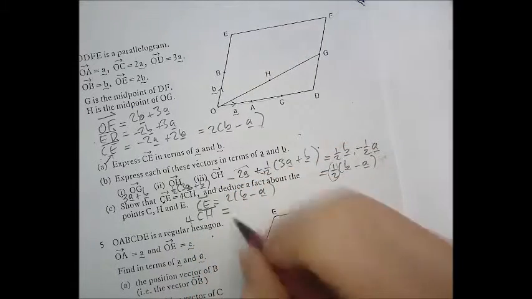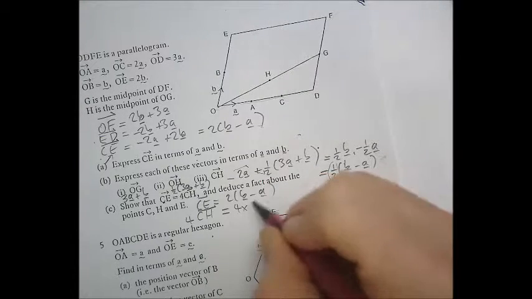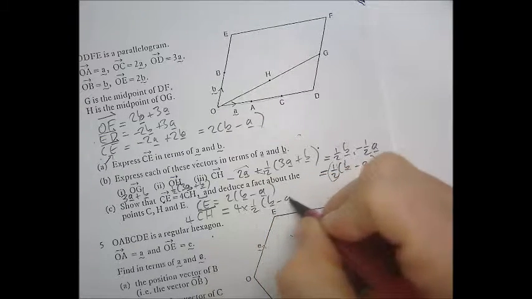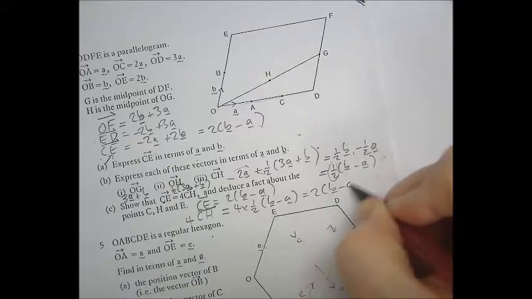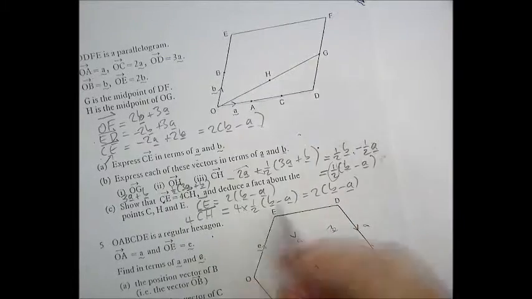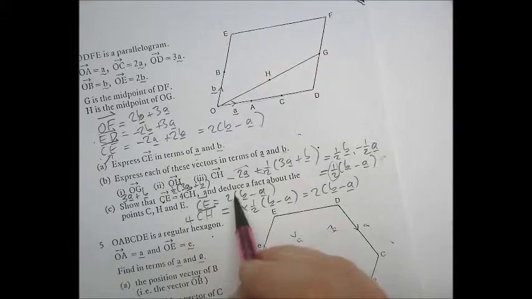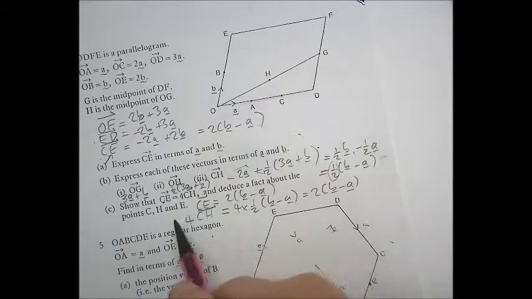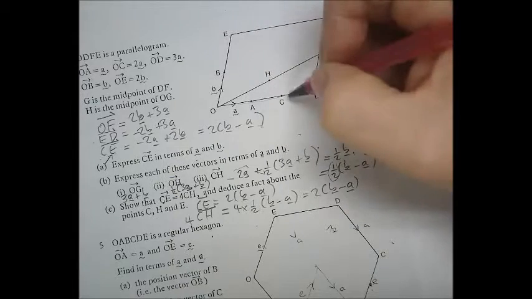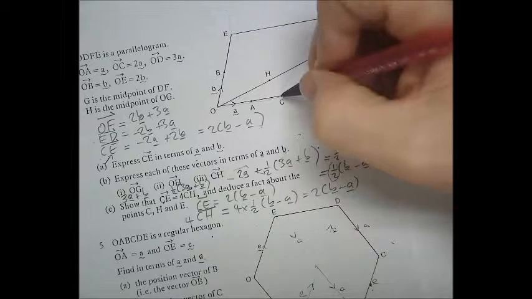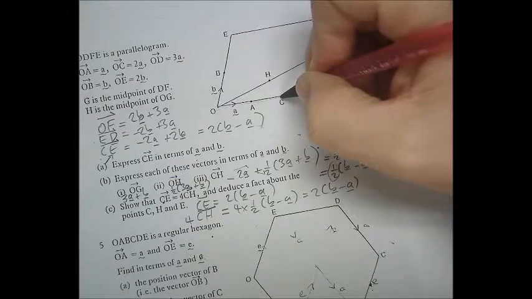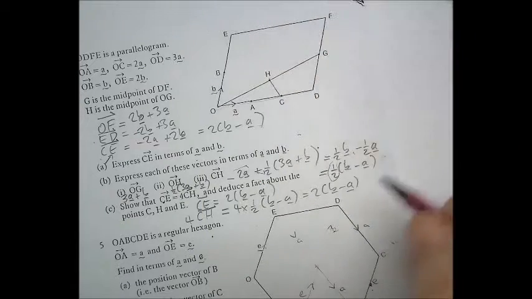Now, what fact do you deduce about C, E and H? Well, here's the thing. We've got a name for CH. It's half b minus a. In other words, it's built on b minus a. We've also got a name for CE. It's 2 times b minus a, so it's built on the same basic name of b minus a.